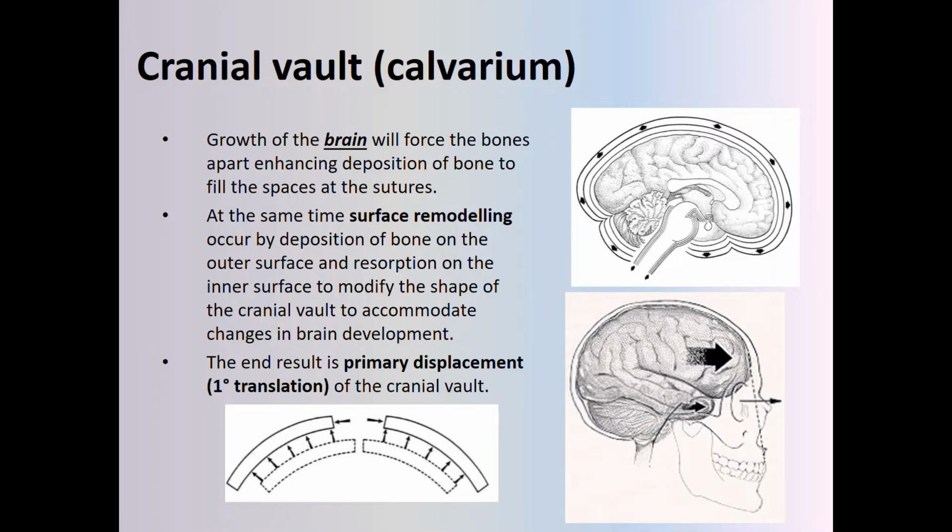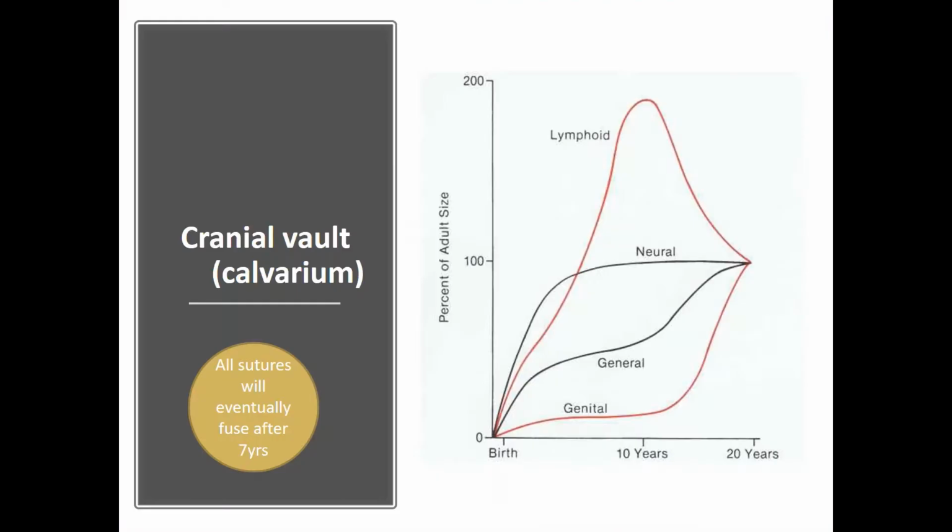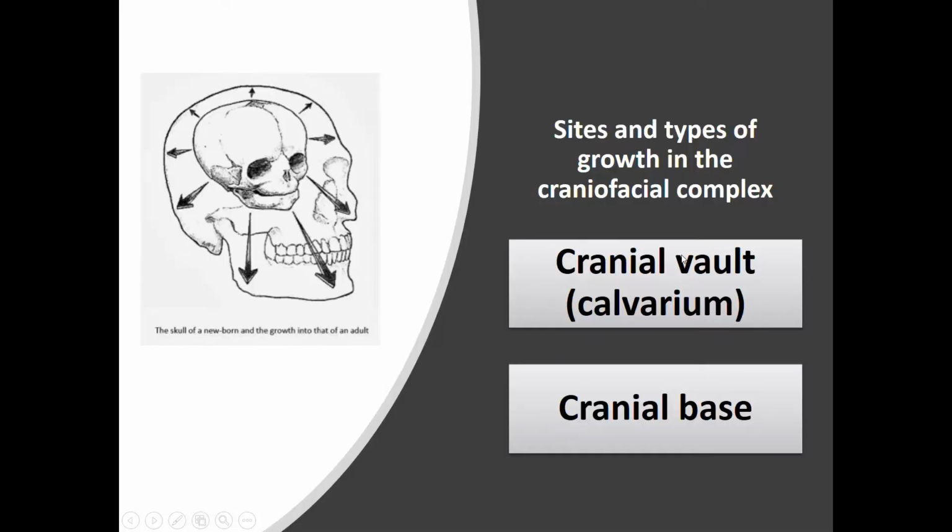At the same time, we will experience surface remodeling, and that is bone resorption from the inside, new bone formation at the outside, so that the calvarium will accommodate the new shape and size of the brain. All sutures will fuse around 7 years, as we said, because the pattern of growth of the calvarium, the cranial vault, follows closely the pattern of growth of the neural tissues according to Scammon's curves.